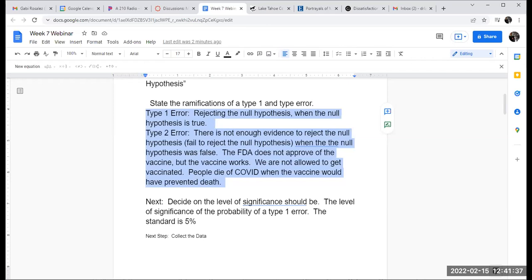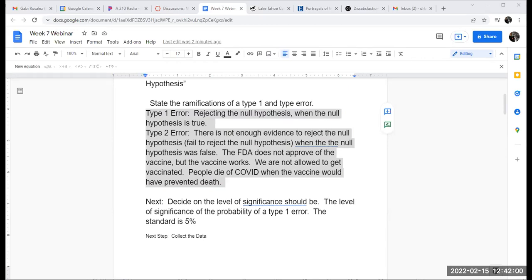Let's see what Colin asked. There's a lot of things. Could you explain the trade-off between the type 1 and type 2? Yeah, so if the type 1 probability of error goes up, the type 2 goes down and vice versa. As one goes up, the other goes down. It's too complicated for me to show the mathematics of it, but you can trust me on that.